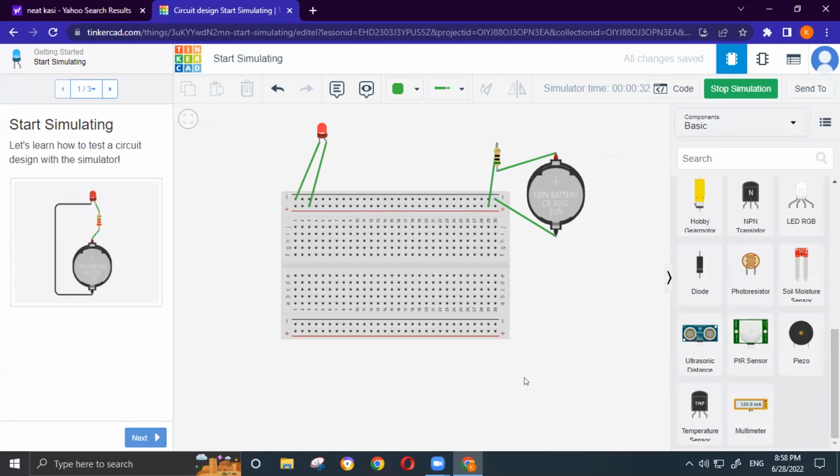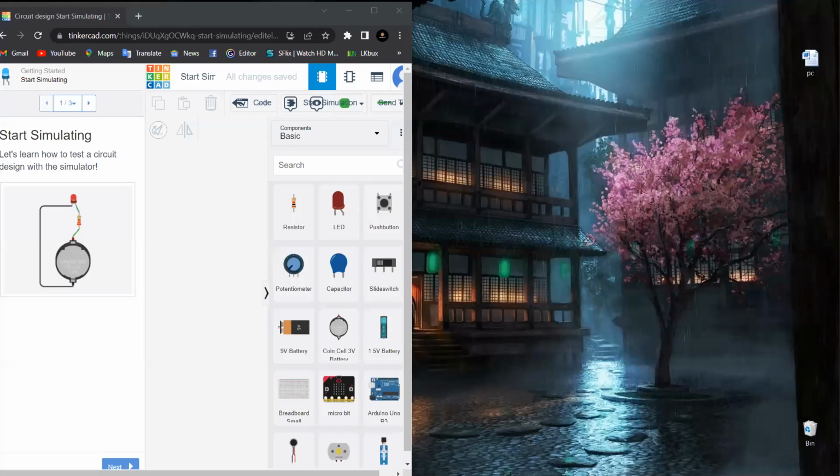Anyone else wish to share the screen? Taruka. Yes, Taruka, maximize the screen.